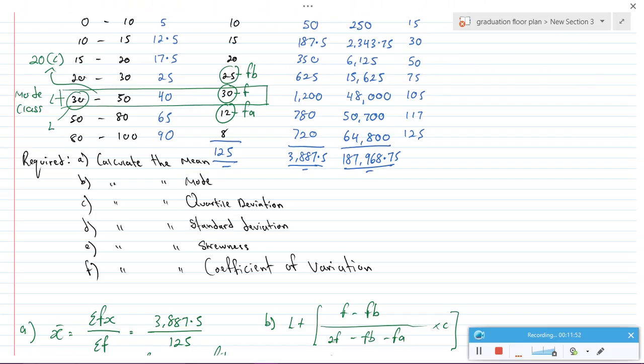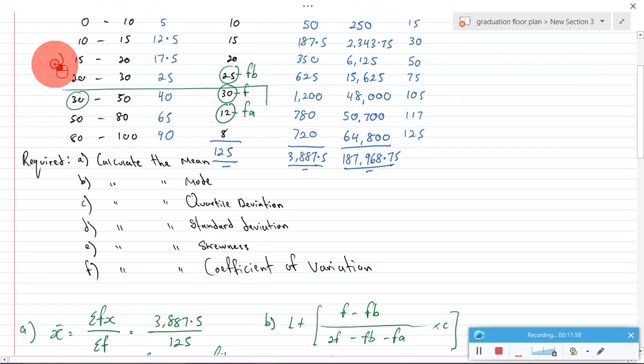Okay, next is quartile deviation. But before you do the quartile deviation, we have to do Q1 and Q3. Okay, so still remember how to do Q1?